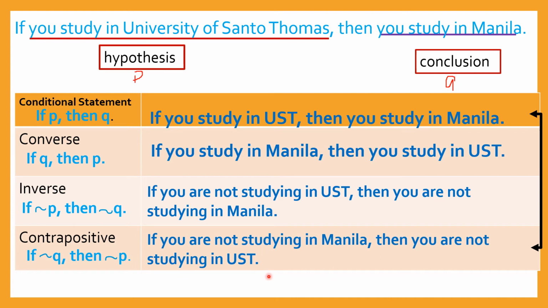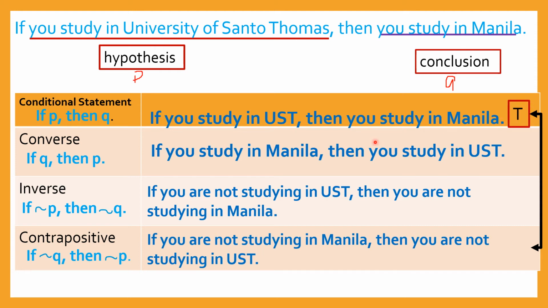Now, let's study the truth value of these. Let's see whether the converse, inverse, or contrapositive is true. Let's assume that the conditional statement, if you study in UST, then you study in Manila, is true because UST is in Manila.